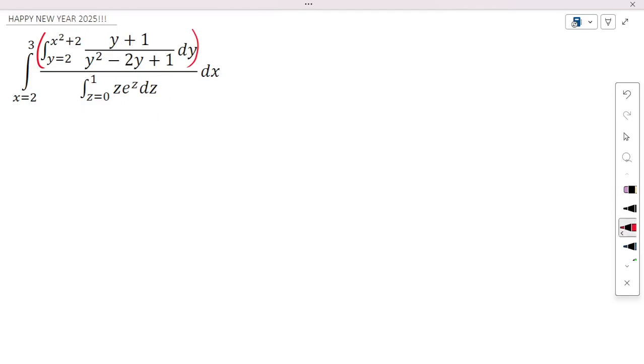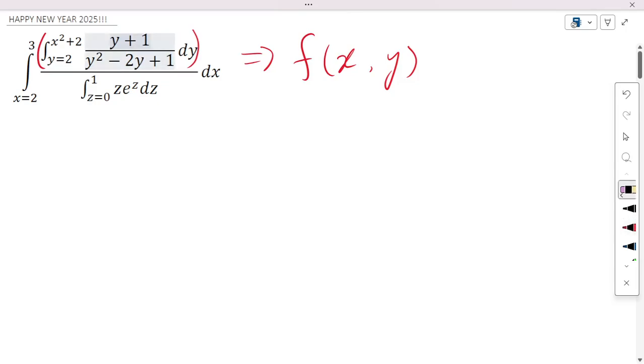We have a multivariable function that looks something like f of x and y, because we see y is in the numerator, and it makes sense, right? It's kind of linear to the integral that we are dealing with. But let's just focus on the easy one first. Normally you would like to see where this goes. It is a definite integral, so let's focus on that one first.